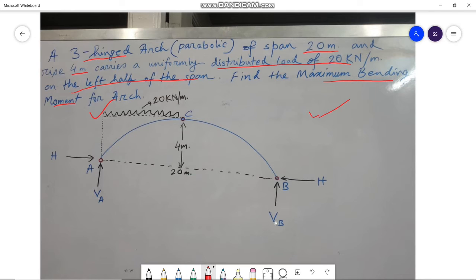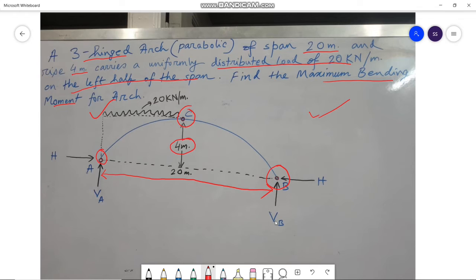So this is a 3-hinge arch, as the hinges are situated at A, C and B, and this is the span of the arch, that is from here to here is 20 meter, and the rise at the central point position of the arch, the maximum rise, is 4 meter.